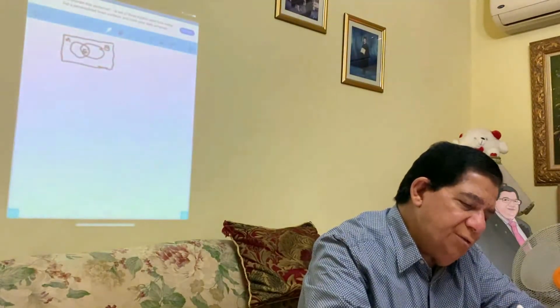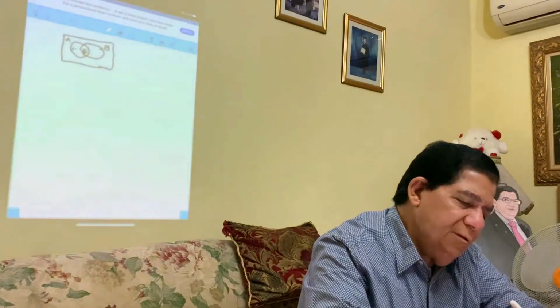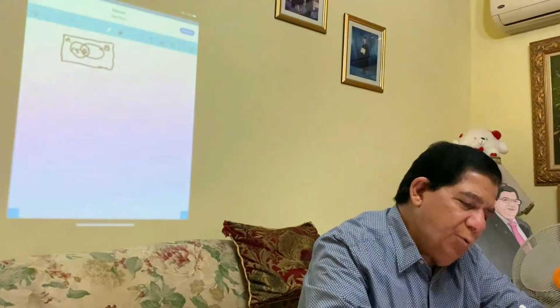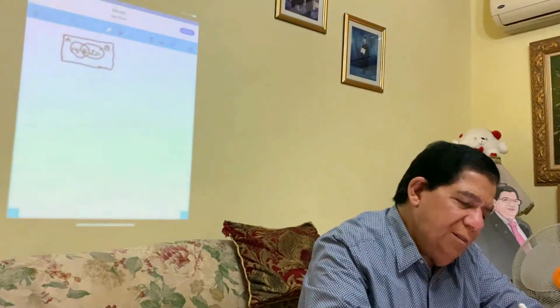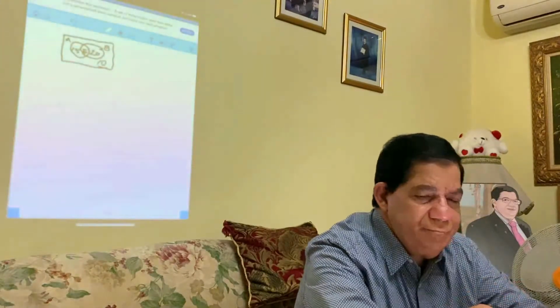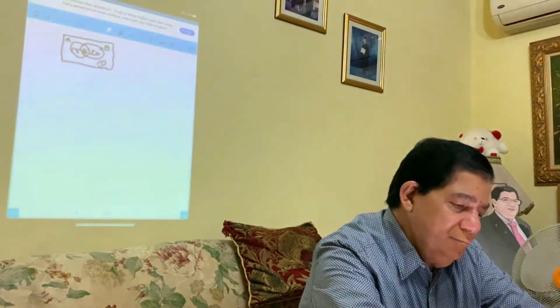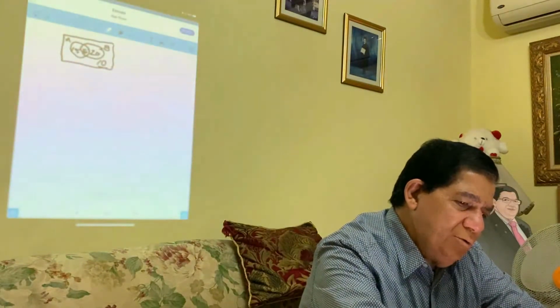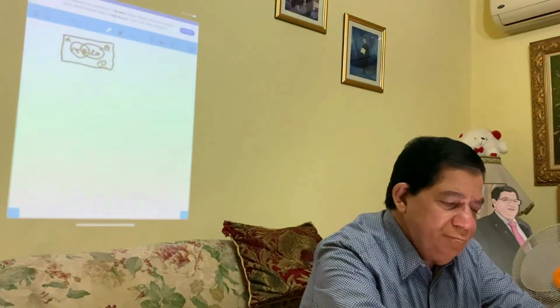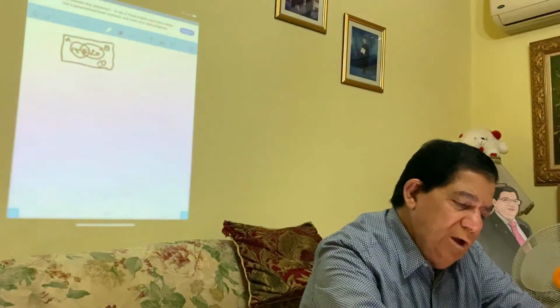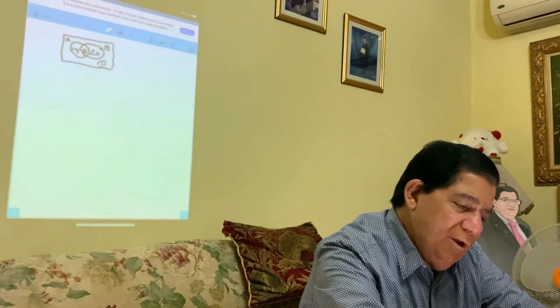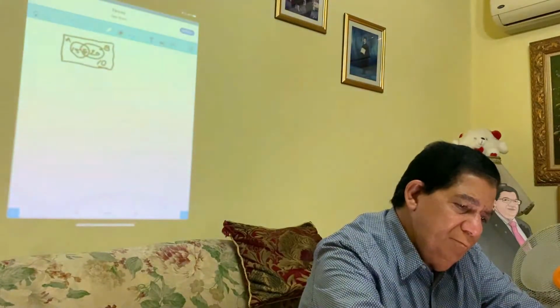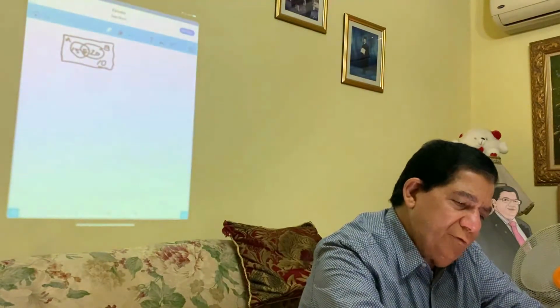This area is 15. That area is 20. And that area is 10. The total is 50. So what I wrote inside each region is the number of times it happens.